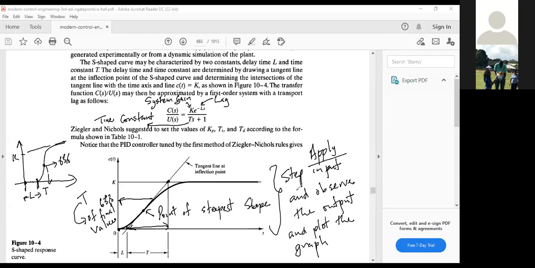So its step input will be 1 volt, 1 amp, whatever 1 of whatever the thing is, that is the step input that you would apply. And you want to get these values, the time constant and the lag time. If the graph doesn't start at 0, then you can easily read off the lag time and the time constant from the graph.